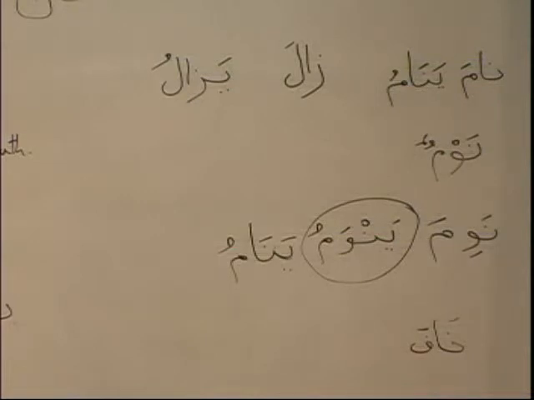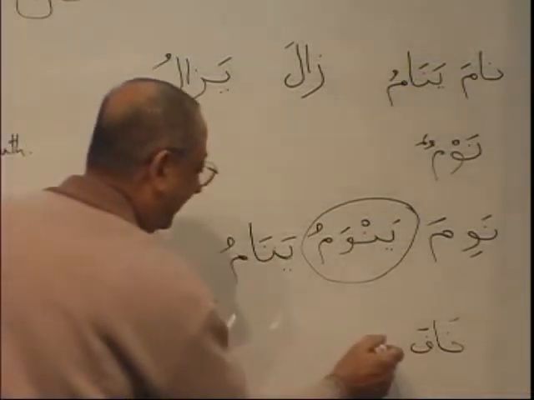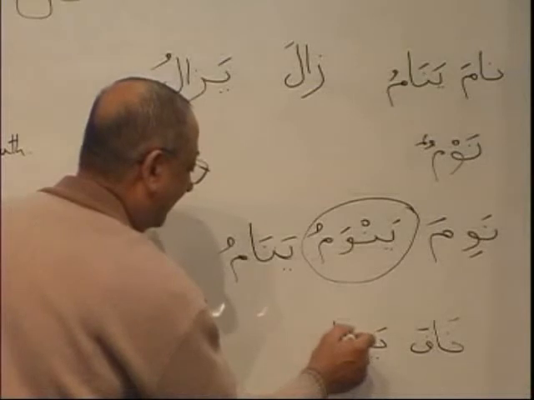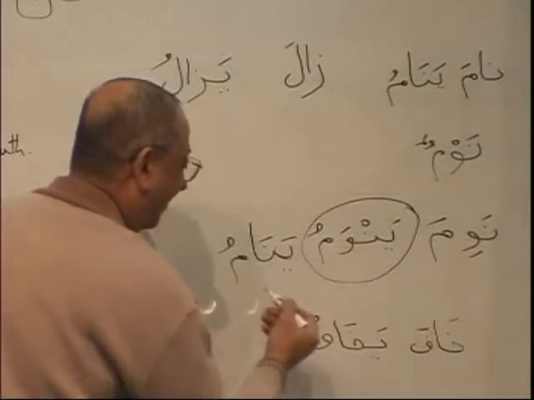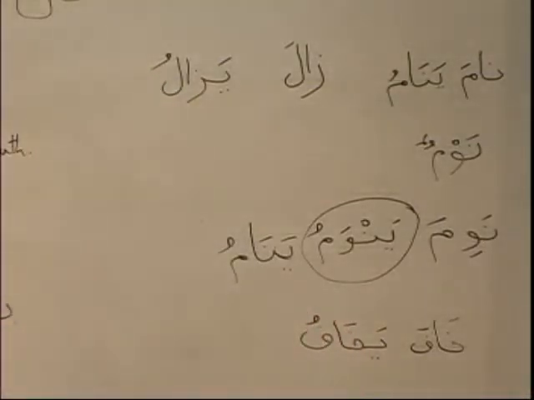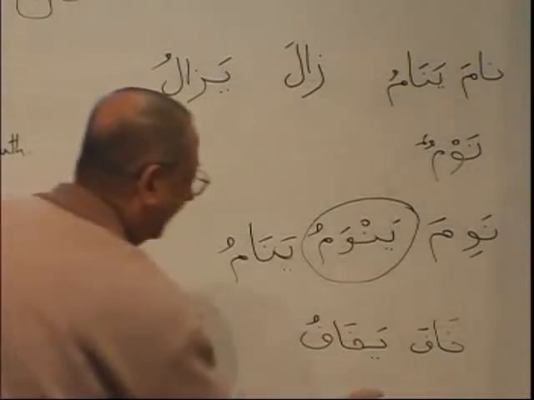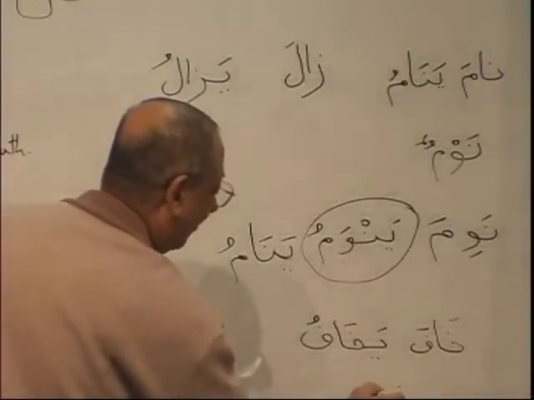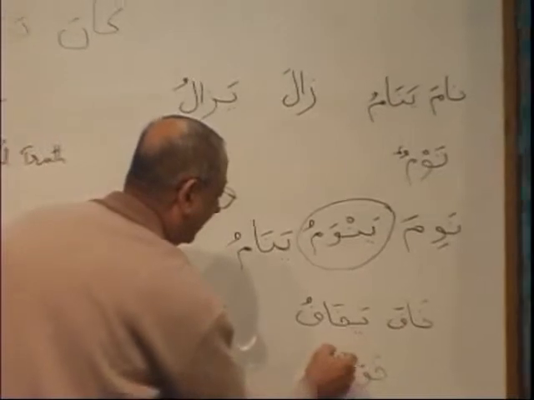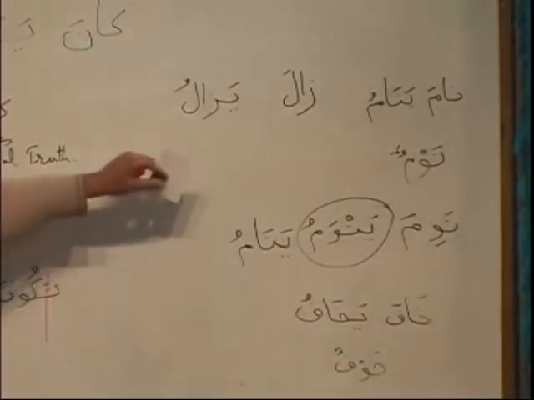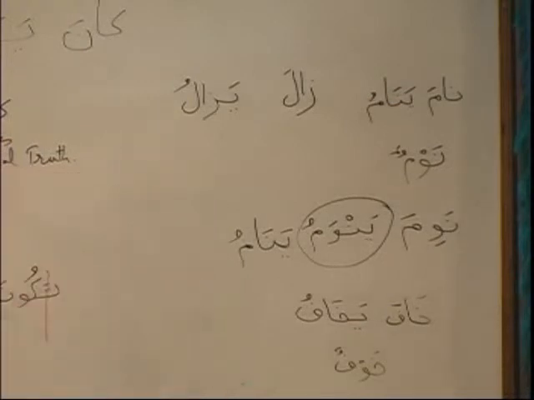Khafa yakhafu. I can't see waw or ya. It is ajwaf, it is weak. But when I go to the masdar, that waw becomes visible. What is the masdar? Khawf. Are you with me, brothers and sisters? So here, brother, zala yazalu.